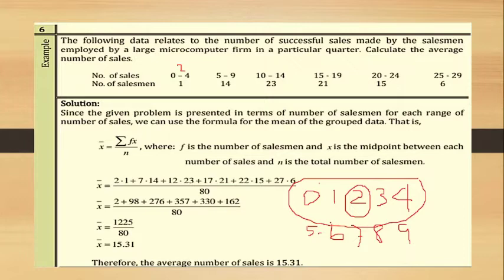So, we have 7, the midpoint. How about the number of sales 10 to 14? What is the midpoint? 12. Correct? 12. For 15 to 19, it is 17.